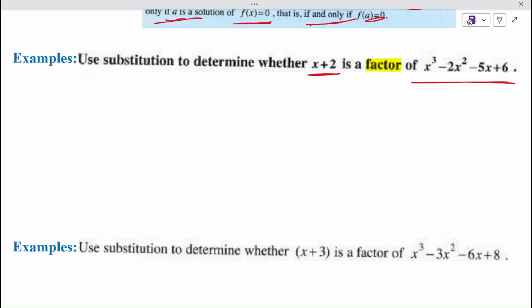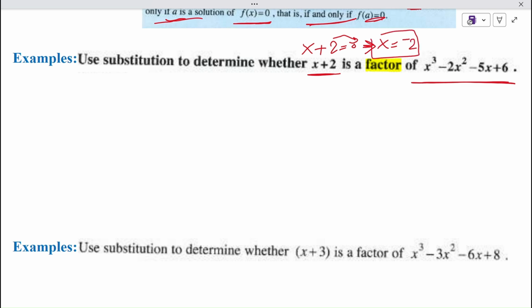The value of x is equal to minus 2. For this, look at here, x plus 2 is equal to 0, then x is equal to, put this 2 to the other side of this equality, it becomes minus 2.